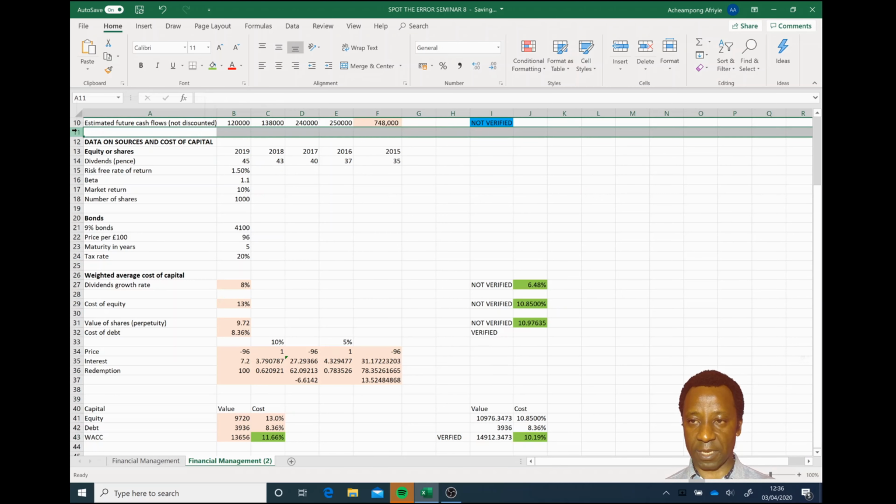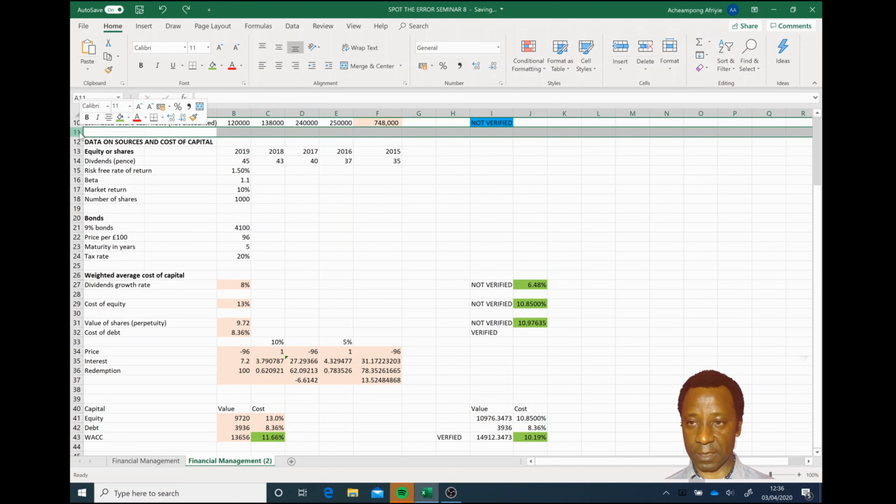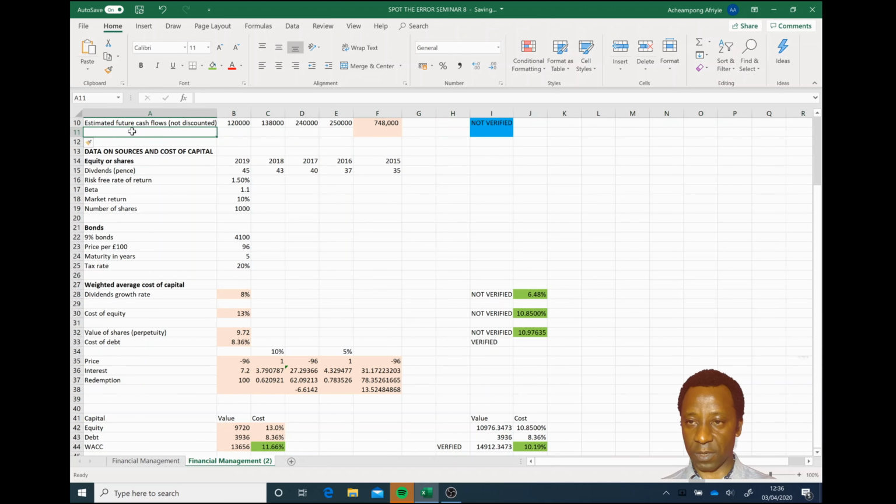So let's make room there and calculate the present value of cash flows.